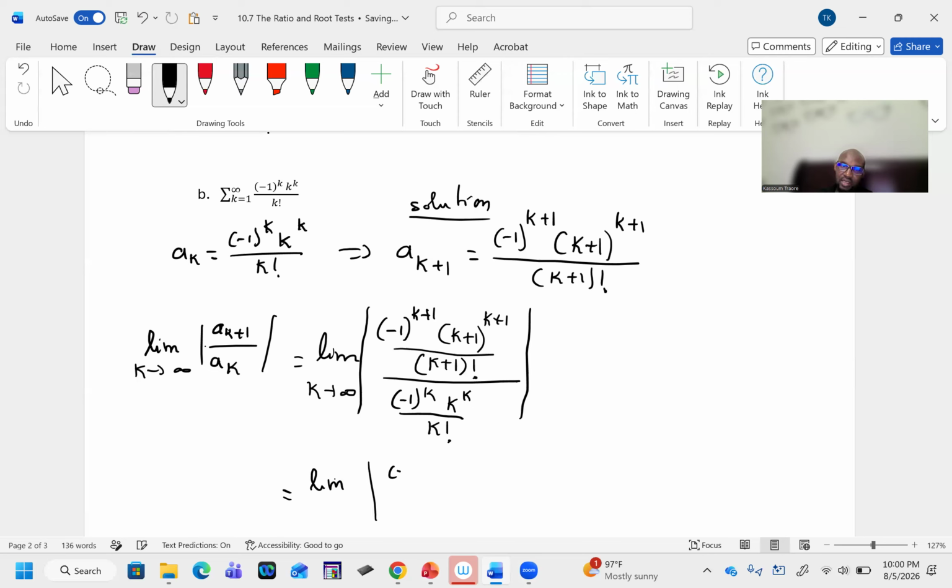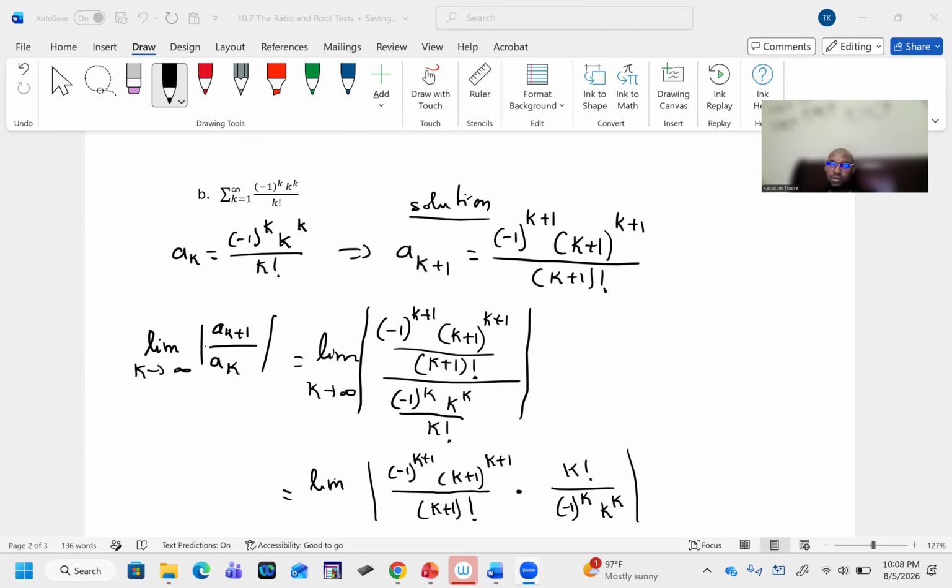So we take the numerator, which is negative 1 to the power of k plus 1 times k plus 1 to the power of k plus 1, divided by k plus 1 factorial, times the reciprocal, which would be k factorial divided by negative 1 to the power of k times k to the power of k. Right?